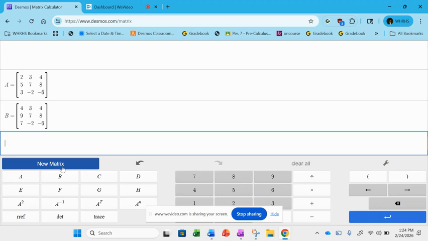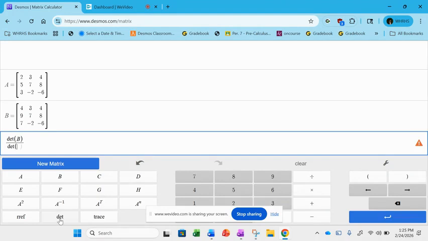And now to solve for x, I'm only going to do x because then we get the gist of this, right? To solve for x, I'm going to do the determinant of which matrix? B. So I'm going to press determinant and then press B. I'm going to close my parentheses and then use my division sign.